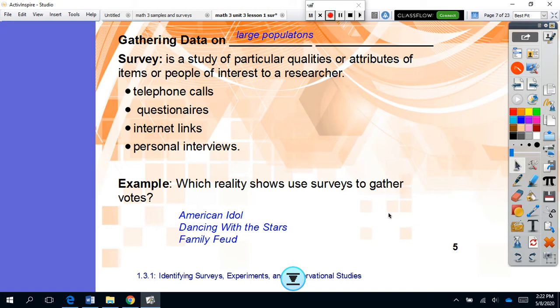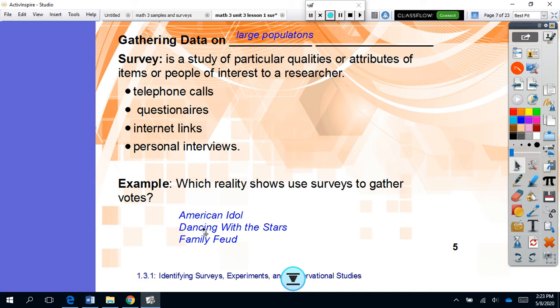In TV, surveys are used. Most kids recognize Family Feud. A lot of my kids don't even know what American Idol is anymore, but that's where whether the performers stay on the show or not is based solely on the number of people that call in and vote for them. The person that wins gets money and a record contract and things.